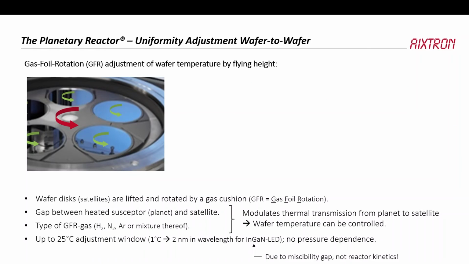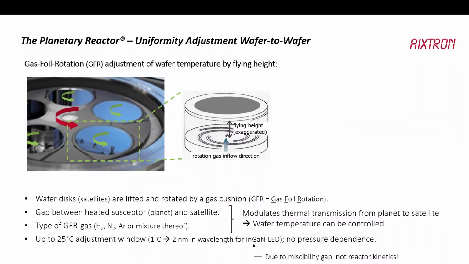So another aspect is temperature control, and I told you that the wafers are actually sitting on a gas foil, so it's actually a spiral, and the rotation gas is inlet here at the center and then lifts up this wafer carrier and puts it into a rotation.